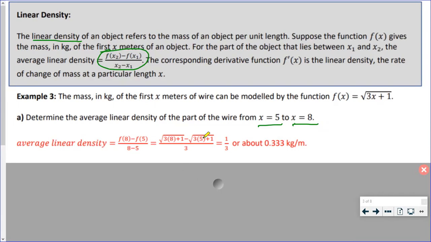When we plug those values into the question and make sure to take the difference in my numerator and divide by 3 in the denominator, we get a value of 0.333 kilograms per meter.